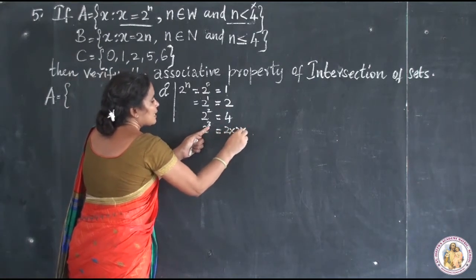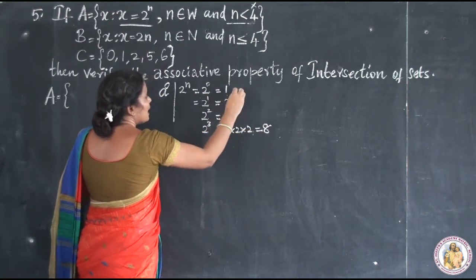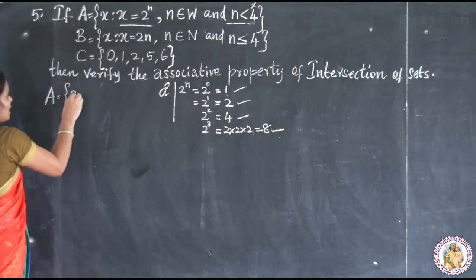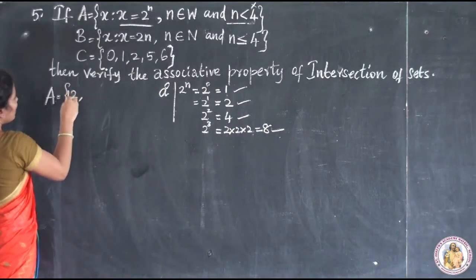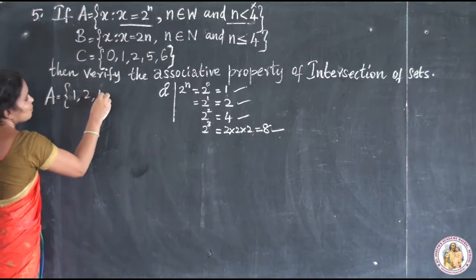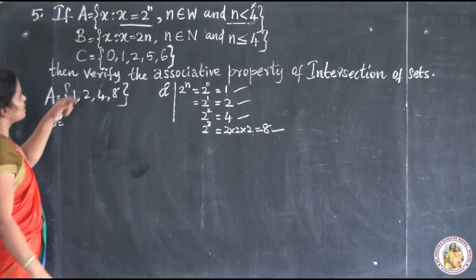If not, you can write like this also: 2 2s are 4, 4 2s are 8. Now the elements are 1, 2, 4 and 8. So A is equal to {1, 2, 4, 8}.